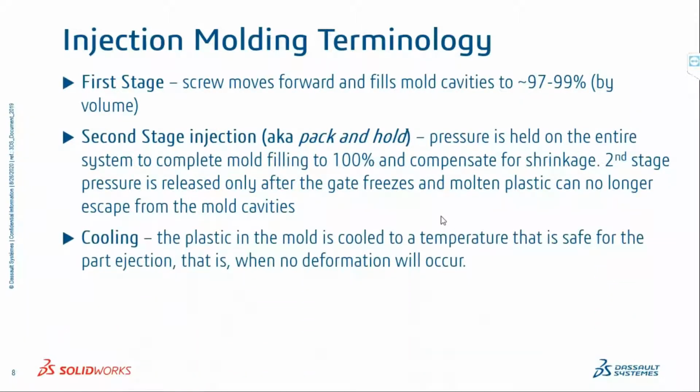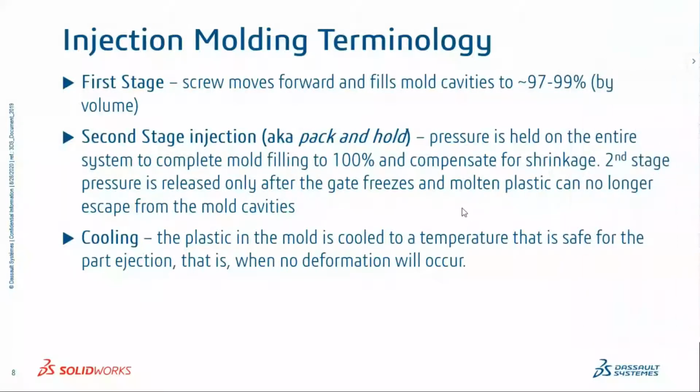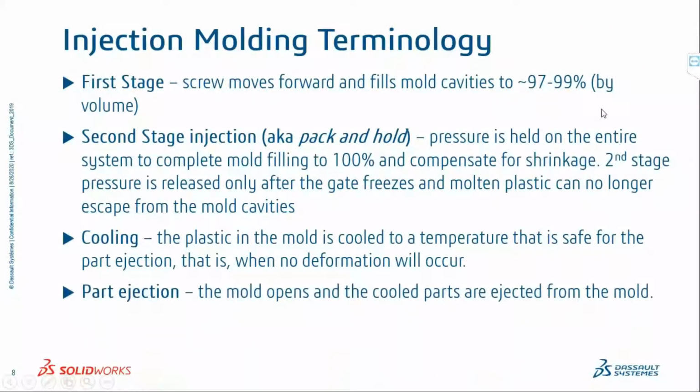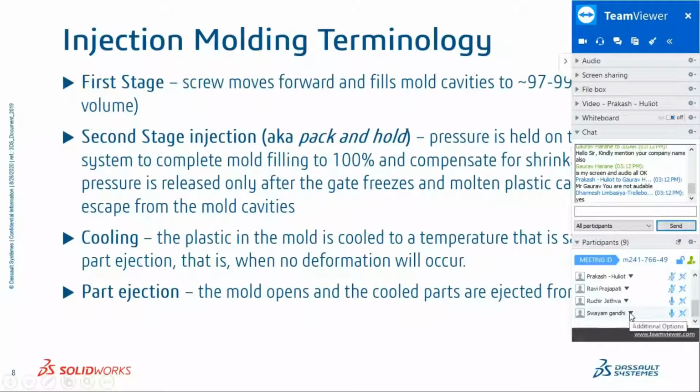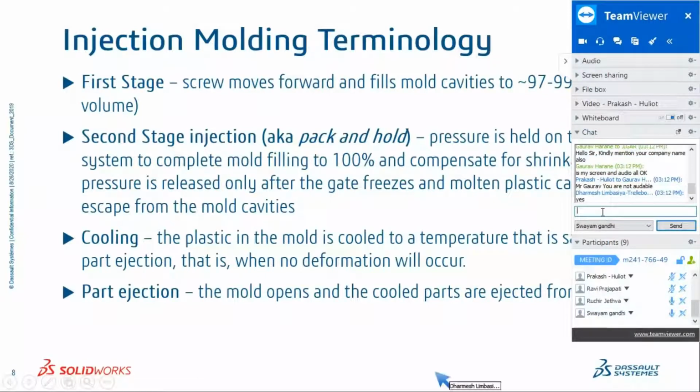Then in the cooling stage, the plastic in the mold is cooled to a temperature that is safe for part ejection. After cooling, no deformation occurs because we have taken care of it during the pack and hold stage. And the last part is the ejection. Once my part has been created, it will be ejected out.